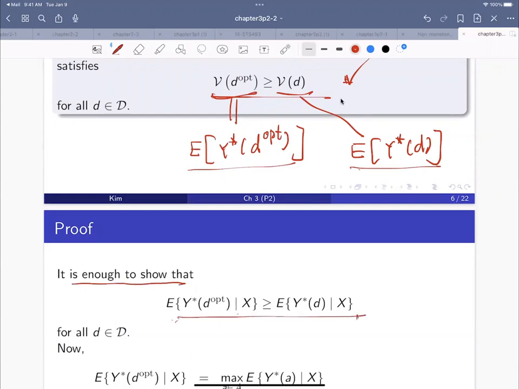So if you take the expectation of this, then we'll get this result.